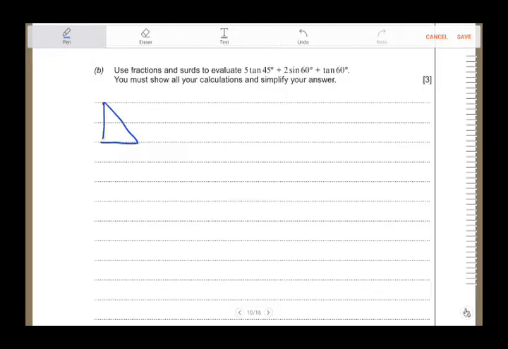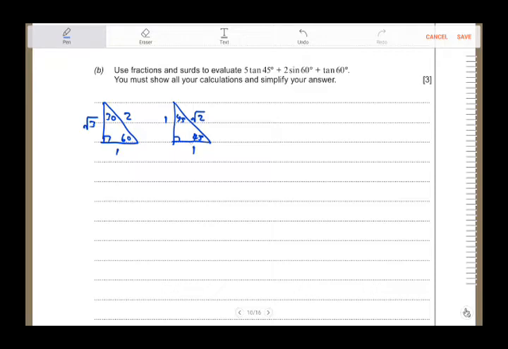I'm going to do my 30-60-90, 2, 1, root 3, like above, and also I'm going to do my 45-90. Now this one, both of these are 1 because isosceles, and 1 squared plus 1 squared is 2, so this is the square root of 2. Okay, you need to remember those lengths for that triangle as well.